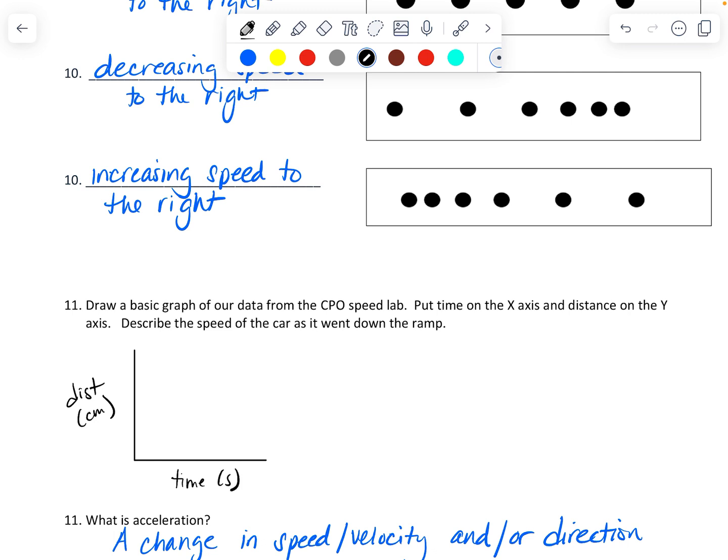And if you remember how our graph looked, it kind of went like that, if we drew the exact line of it. So in this case, it wasn't that straight line that we did the best fit. It actually curved, which means the speed of the car increased. The slope got steeper and steeper as it went down the ramp.